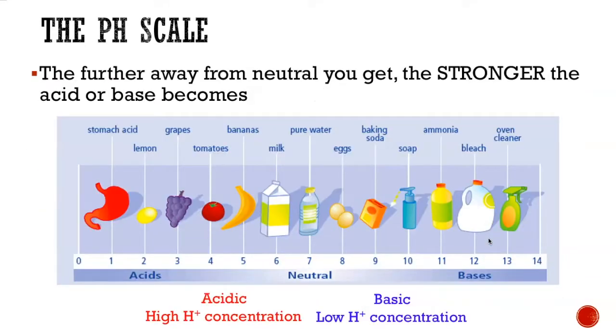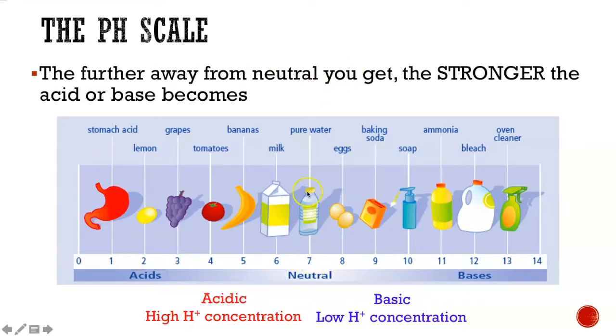So here's another look at the pH scale. I liked this one because it really nicely showed us what the pH of some common household things are. Just something to note is the further that you get away from neutral, the stronger the acid or base becomes.